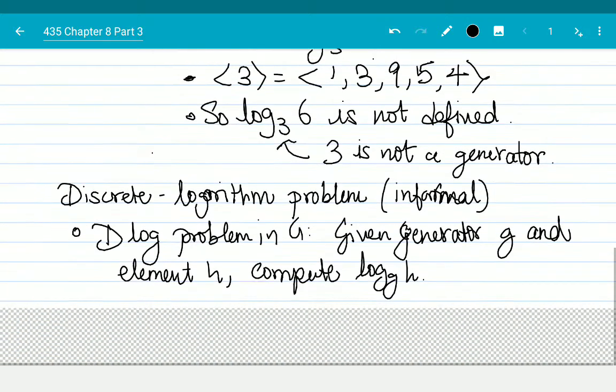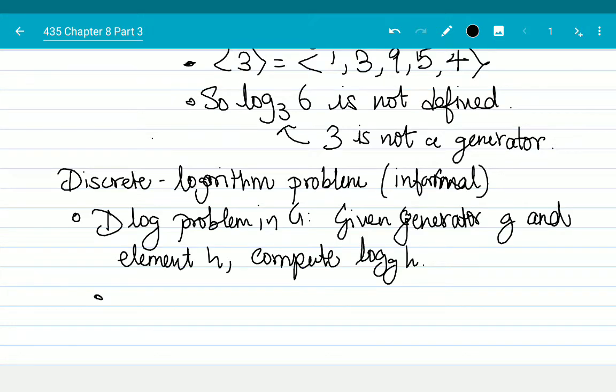We talked about how on some groups it is easy, and on some groups it is hard. So the assumption we are taking is that it is hard.